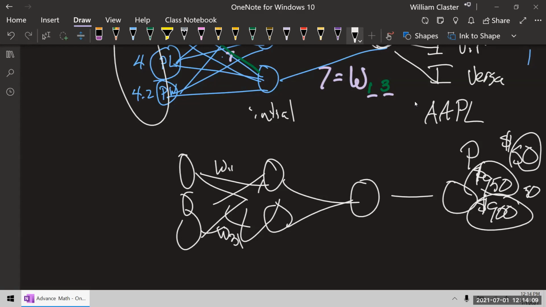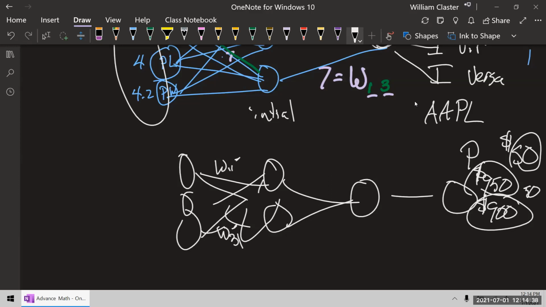So we try to figure out how we can change the weights so that our prediction would have been not 950, but 900. So we might change this one by a little bit and this one by a little bit and change all of them by a little bit, and then maybe it will predict 900. The question is, how do we figure out how to change these so that it would have predicted 900?